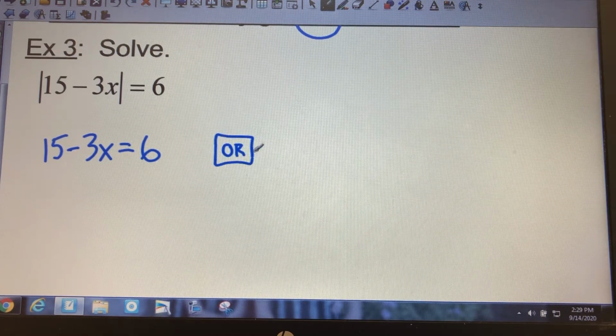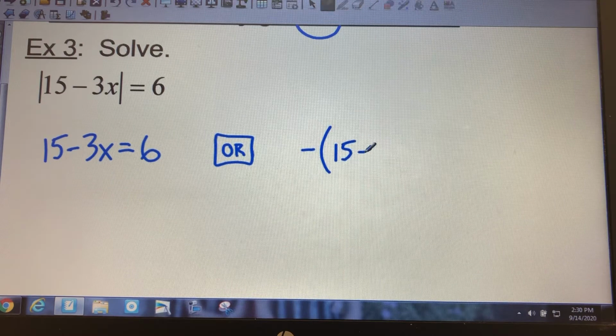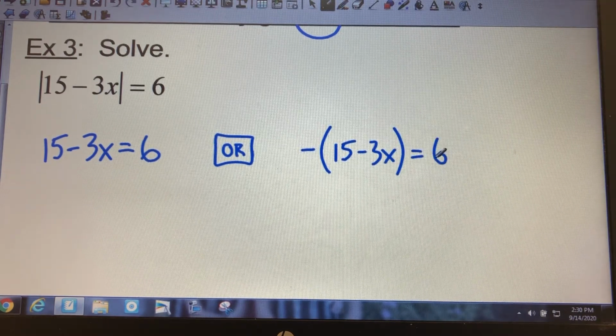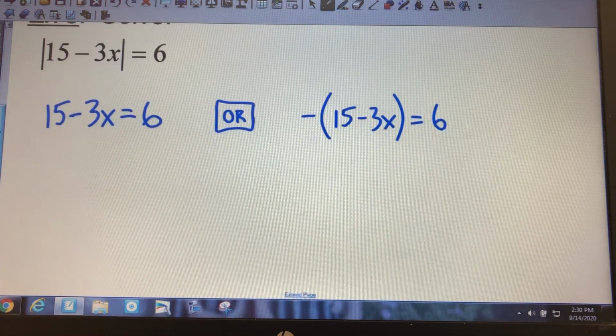I should say possible answers, because you should always check your answers. So take your absolute value signs away. So we had the positive of what's inside, now we need the negative of what's inside. Now you have your two equations, now you're gonna solve. Okay, so subtract your 15 both sides.